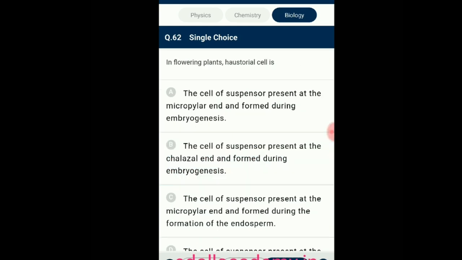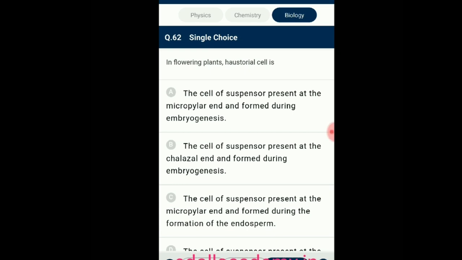Question number 62. In flowering plants, haustorial cell is. The zygote of an angiospermic embryo divides first to form two cells. One towards the micropyle is called basal cell, and the other towards the chalazal end is called embryonal cell. The basal cell divides by transverse divisions to form a 6 to 10 celled long filament-like structure called suspensor.